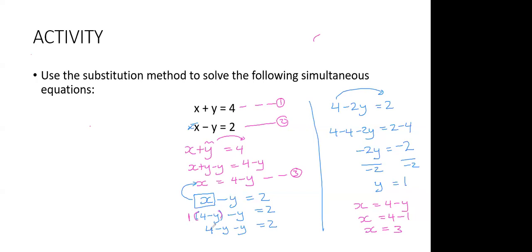So 1 times 4 is 4. 1 times negative y is negative y. Then minus this y.